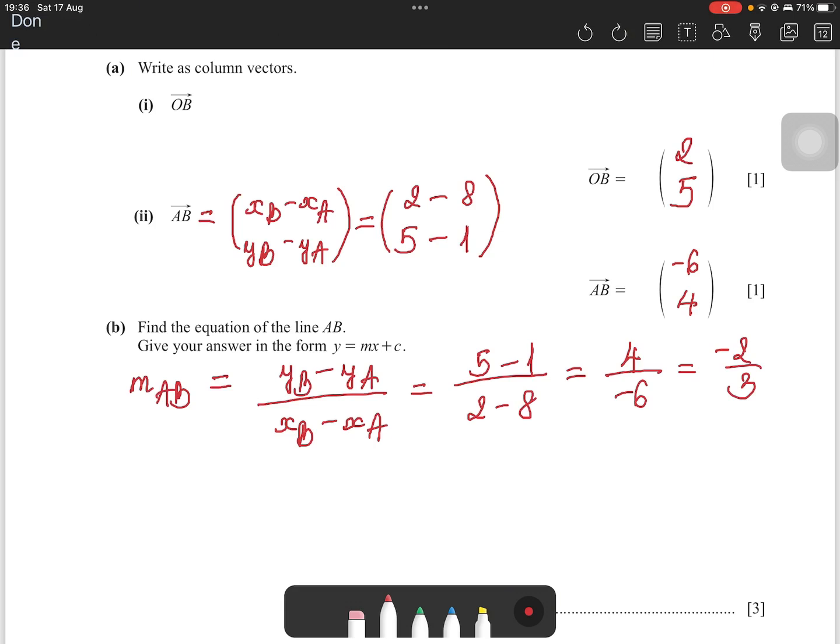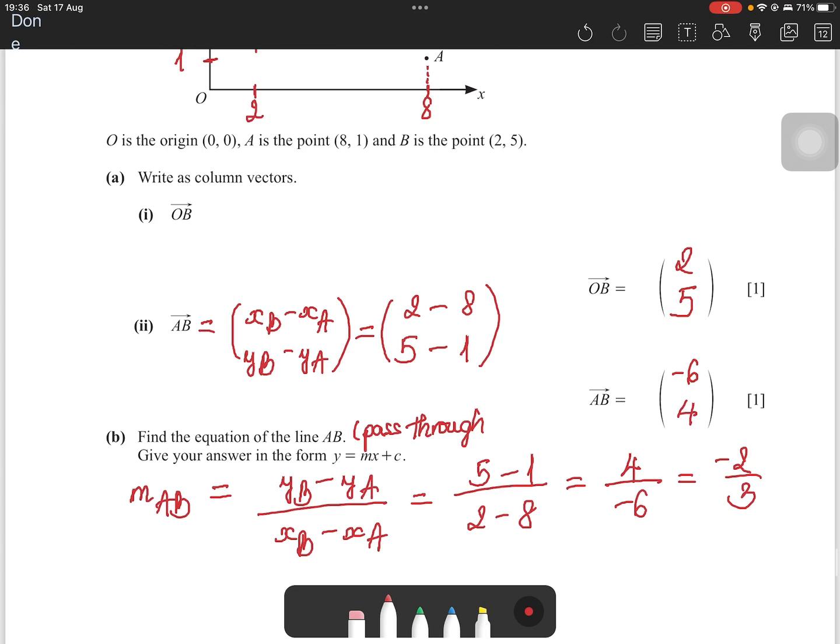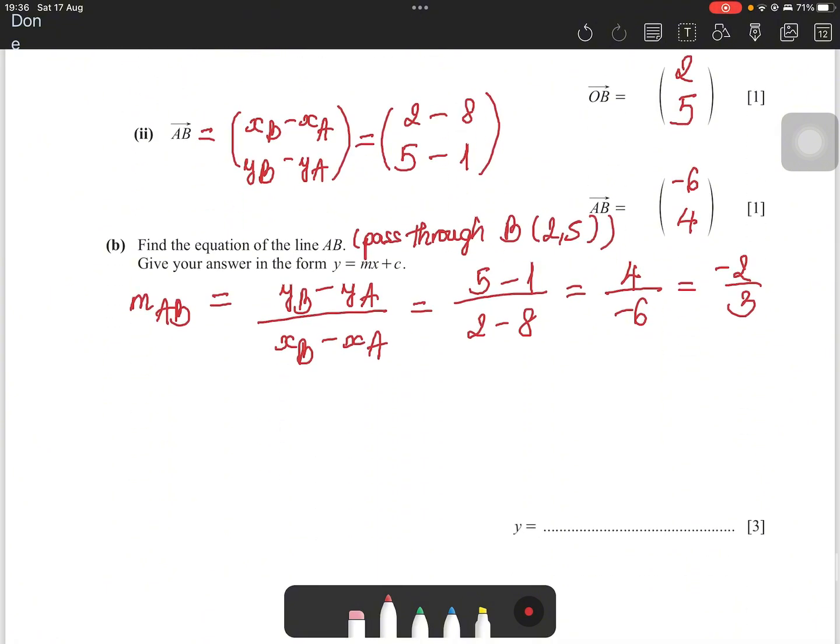And the line AB should pass through, you can say that it passes through the point A or B. In this case, I will choose the point B, (2, 5). So we will substitute everything into y equals mx plus c. The coordinates of B are (2, 5). So y equals 5, x equals 2, and the gradient is negative 2/3, plus c.